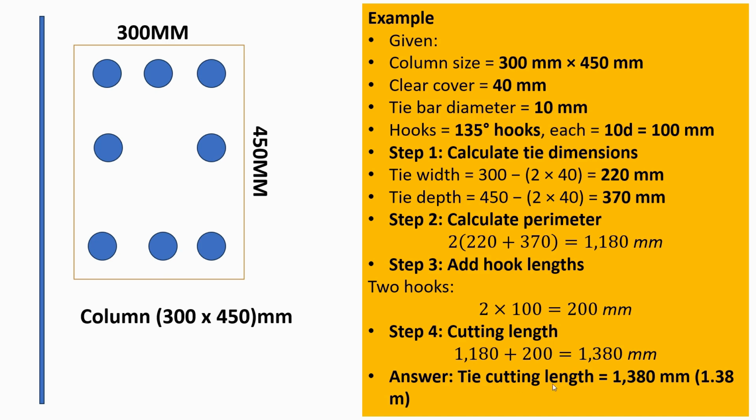Okay, so the cutting length, you're going to tell the guys on site to be cutting 1.38 meters. Give me 1.38 meters, then you're going to do your spacing. If it's 50 centimeters between the spacing, you multiply times the number, then you have the total length. This will assist you in cutting and also in purchasing.